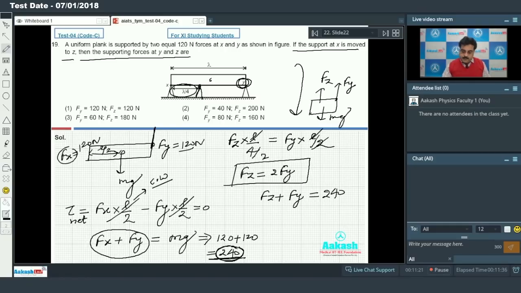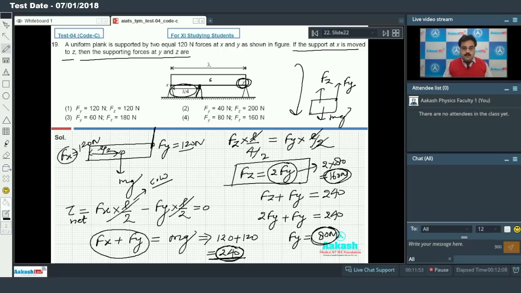But we know Fz is equal to 2Fy, so 2Fy plus Fy equals 240. So the value of Fy is 80 Newton. To calculate Fz, when I place the value of Fy, that is 80, that will give 160 Newton. So I have two values: Fy is 80 Newton, Fz is 160 Newton. So there is no confusion. My option number 4, Fy 80, Fz 160, so option number 4 will be correct.